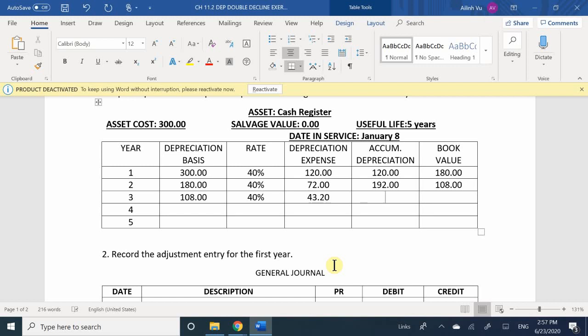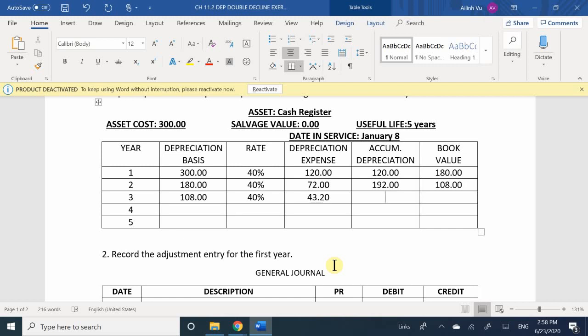And you take that and the 72 from the previous year, and add them together, you get 115.20. No, you don't get 115. What number are you taking? Remember, we're not taking the previous year's depreciation expense. We're taking the previous year's accumulated depreciation.